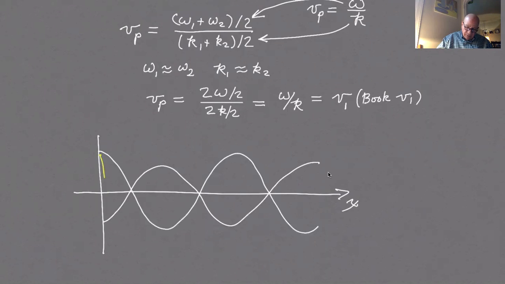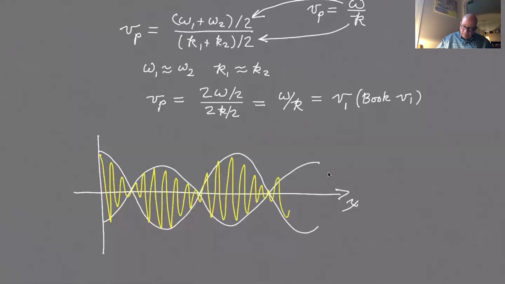Here's the high frequency makeup underneath the envelope. You'll notice that even though this wave exists in both directions to infinity, you can well imagine that if we were to add a bunch of these waves together, we can begin to get localization. As a matter of fact, we can talk about this wave having some localization, delta x, in this direction.